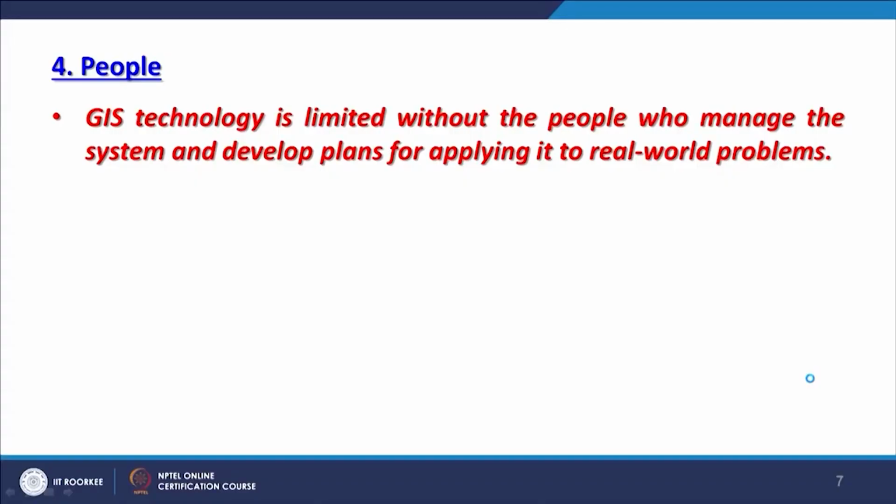And of course people develop plans for applying it to real world problems. I am looking for groundwater or some mineral resources or petroleum. Then I plan my exploration using GIS and different data sets. The data sets might be satellite images, the digital elevation model, or borehole data or log data.